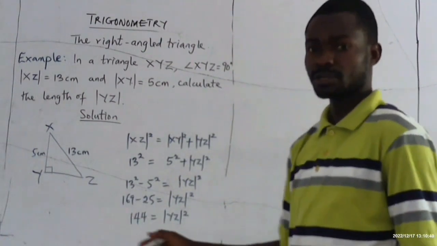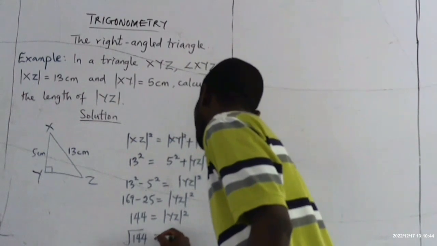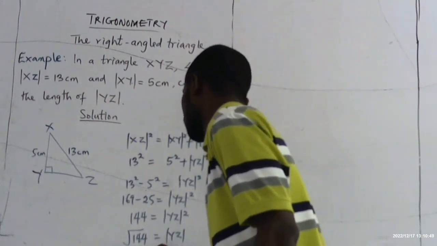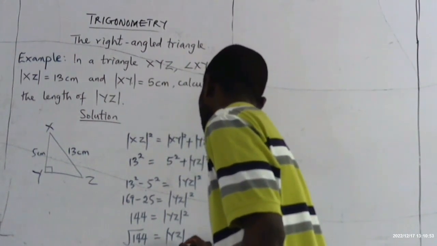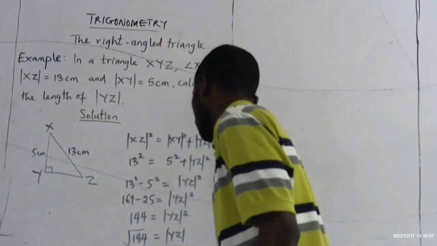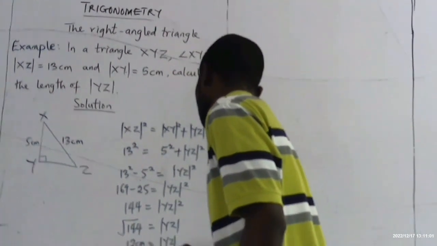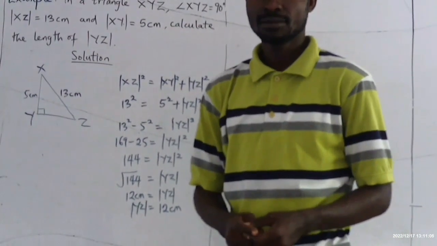Now you can take the square root of both sides. So the square root of 144 will give you YZ, and the square root of 144 is 12 centimeters. Therefore, YZ equals 12 centimeters. Okay, thank you.